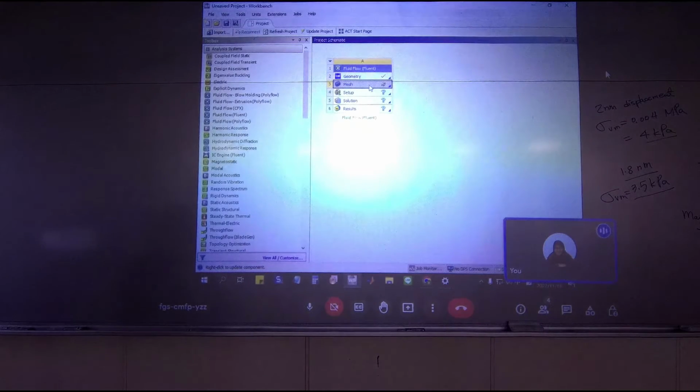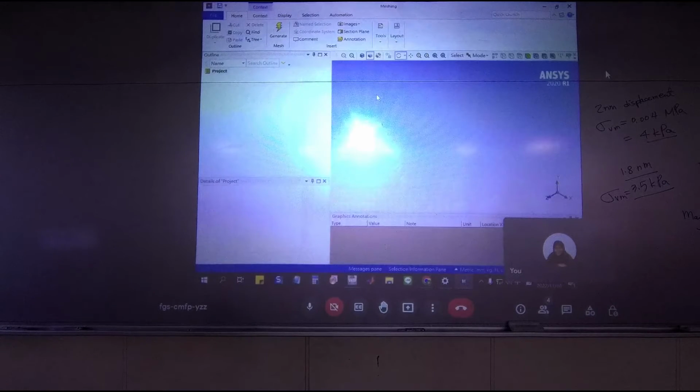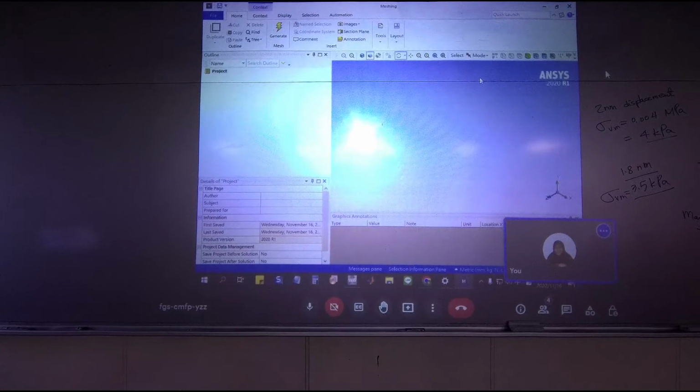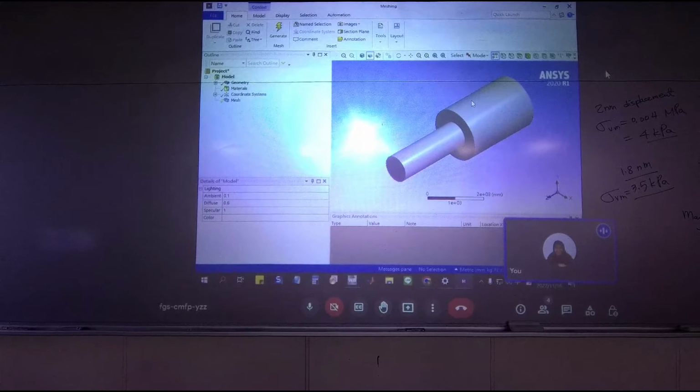And the most important thing is boundary condition. Let's go to your model setup. I think in setup. Okay. Now, the most important thing is boundary condition.